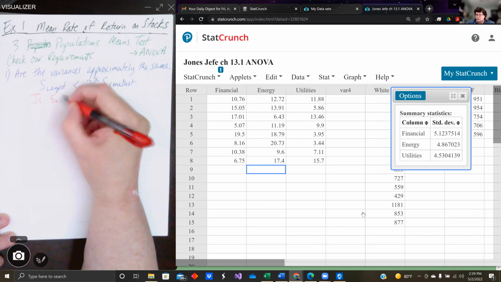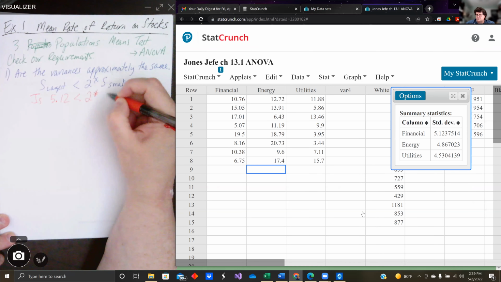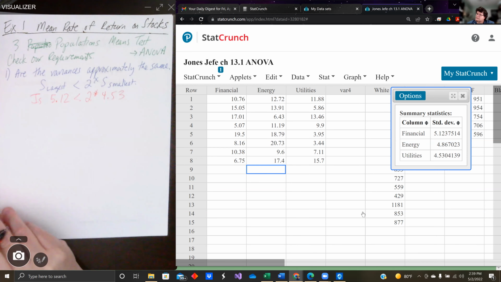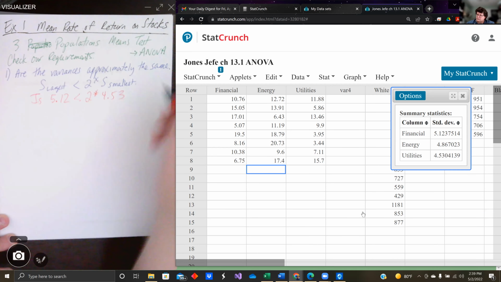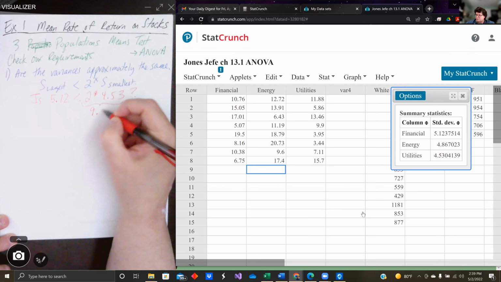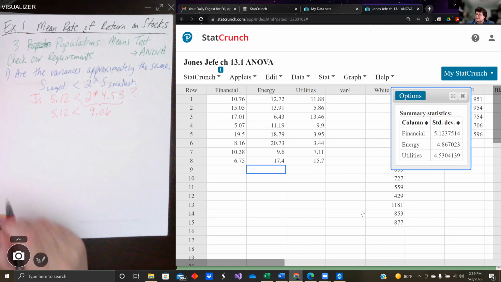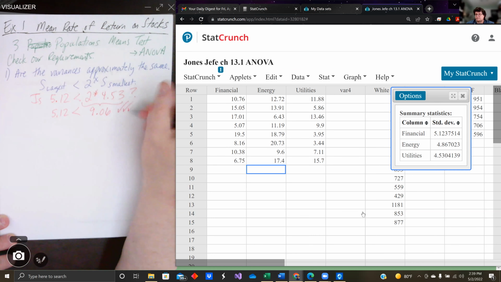Is 5.12 less than 2 times the smallest, 4.53? Well, 2 times 4.53 is about 9.06. 5.12 is less than it, so we meet that one.